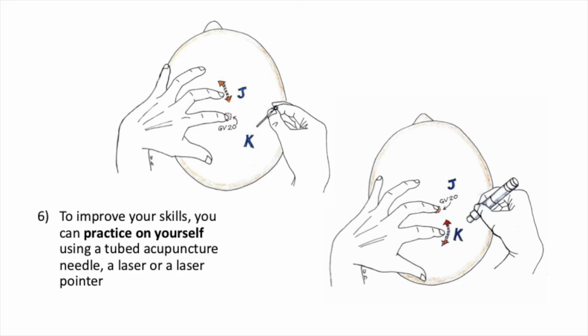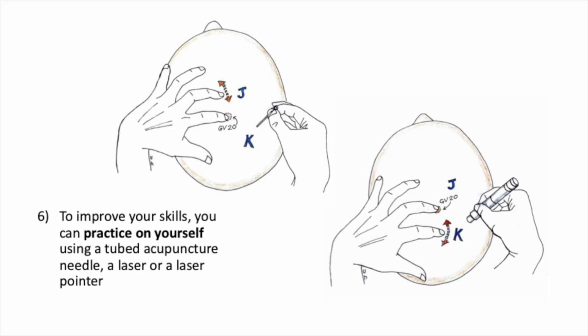While laser and laser pointers work, I find that acupuncture needles are more accurate, especially in treating trigger points in very small muscles. For example, trigger points in the suboccipital muscles, the many small trigger points in the sternocleidomastoid muscle.